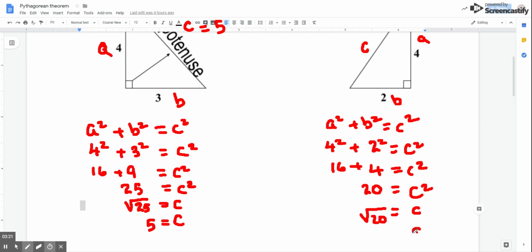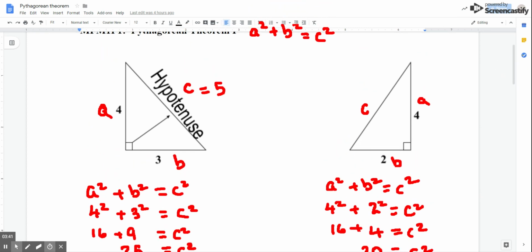And the square root of 20 on our calculators is 4.47. So that's the length of our hypotenuse. So C equals 4.47. And this is how we use the Pythagorean theorem to find the length of the hypotenuse.